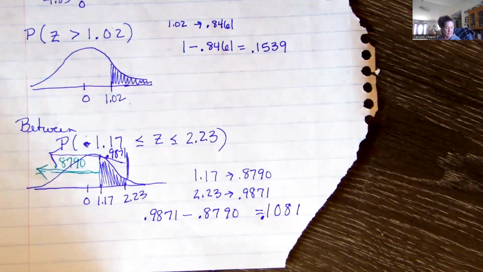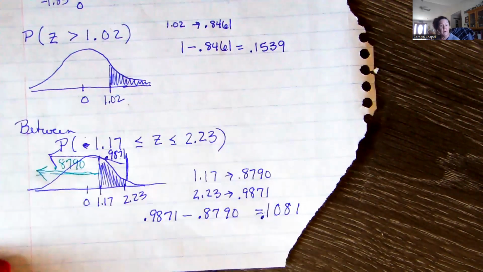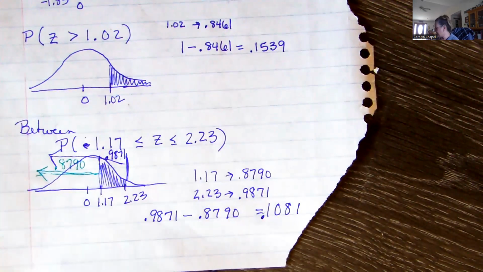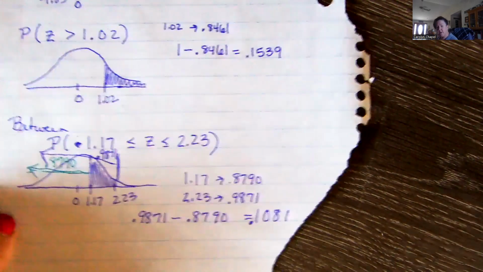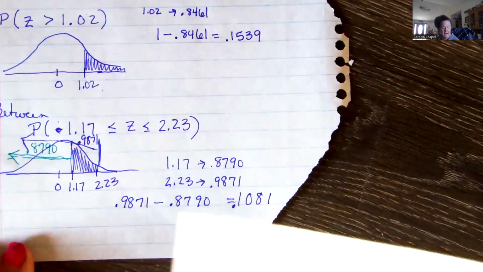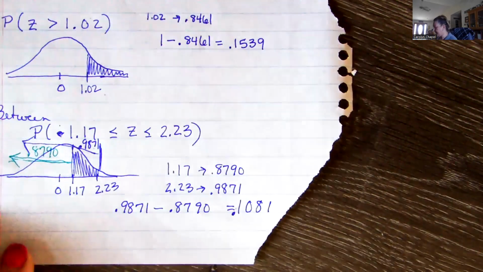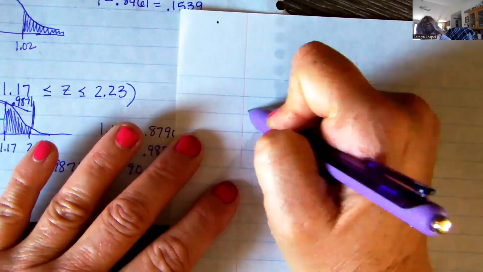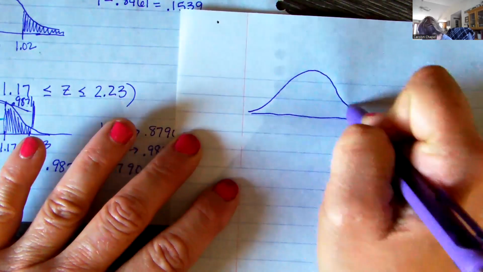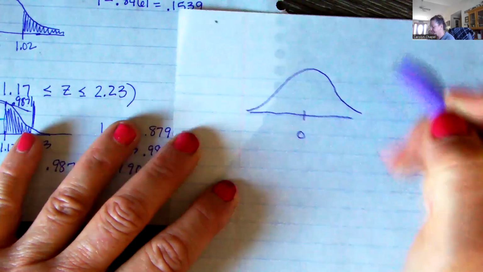Okay. And we can do that as well with 2 and -2, and we would find that it should be, again, remember, up 2 standard deviations and down 2 standard deviations should be roughly 95% of our data. So let's draw a little picture. Okay, there's my 0.